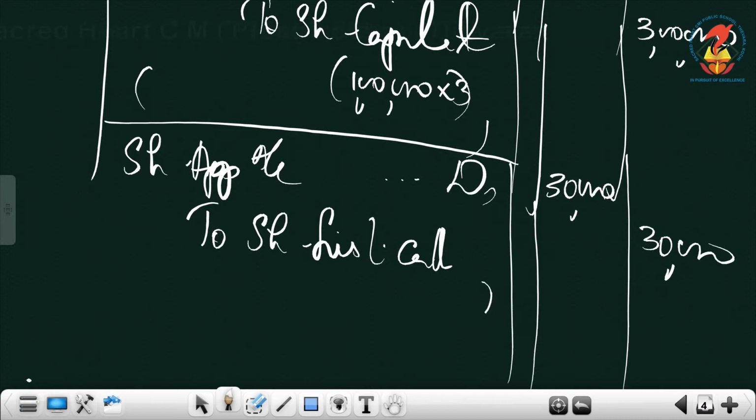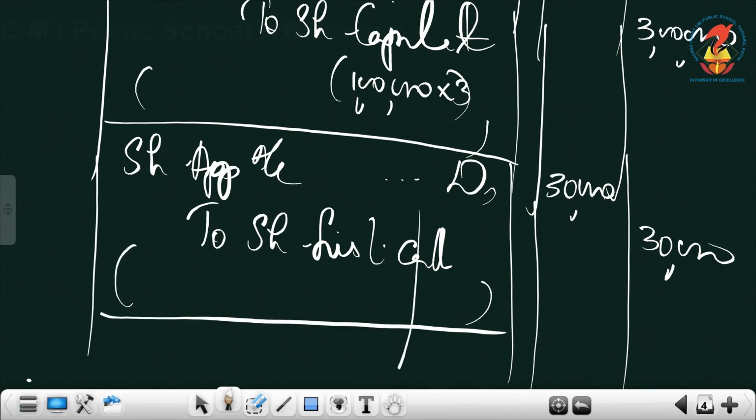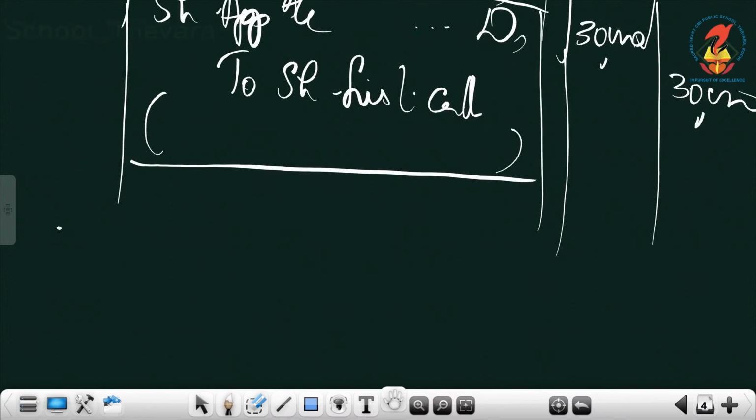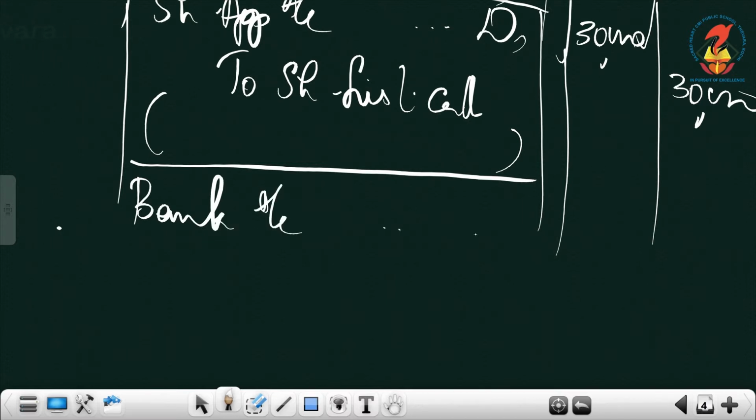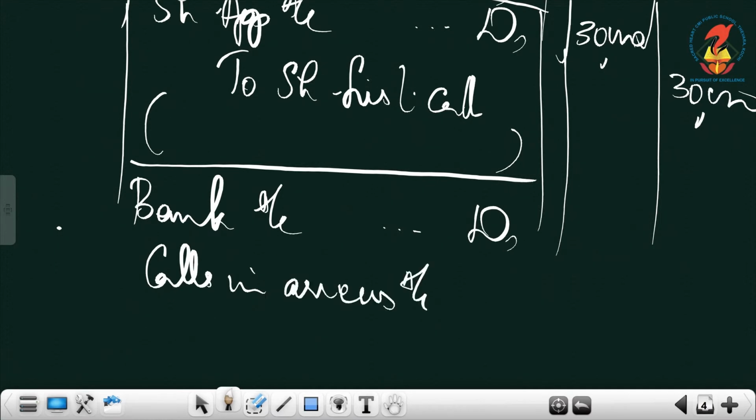See, the journal entries we can write very easily since we have done all calculations before. Next what we have to do is the receipt entry, and this time open calls in arrears also. So bank account debtor, calls in arrears account debtor to share first call.